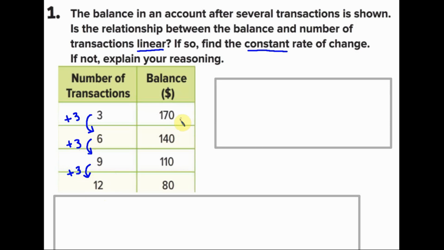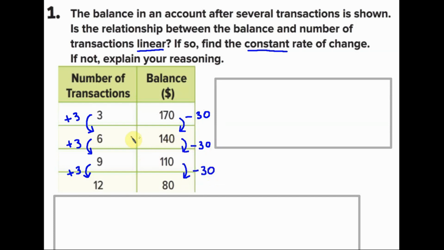So 170 becoming 140, which means I'm decreasing my number. Thus, I'm going to use minus. So 170 becoming 140, I need to subtract 30. 140 becoming 110, also I need to subtract 30. 110 becoming 80, I need to find the pattern as well, and I realize that it's still negative 30.